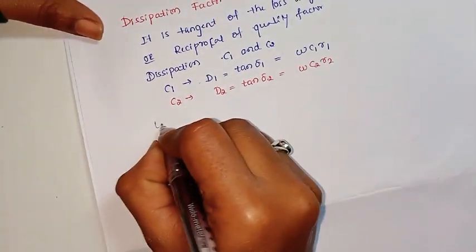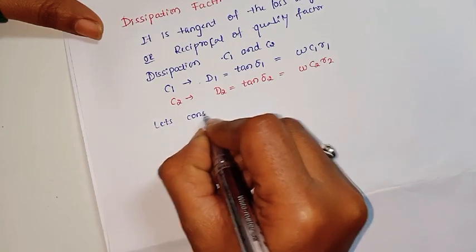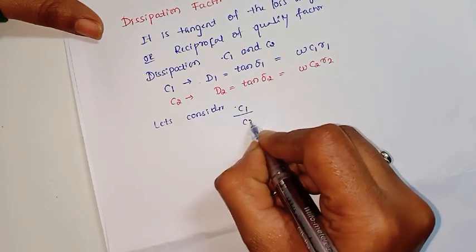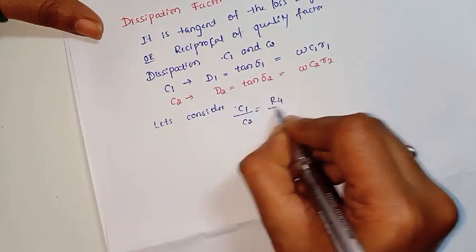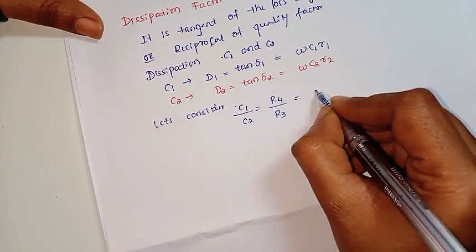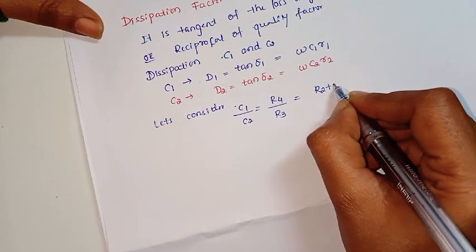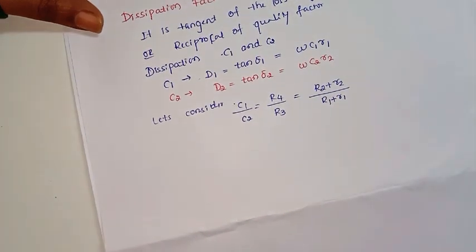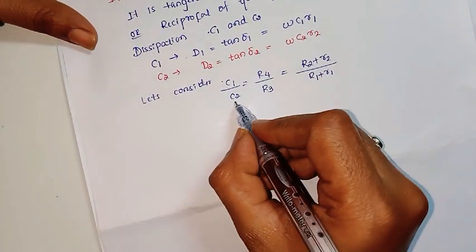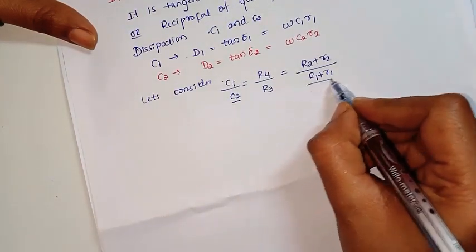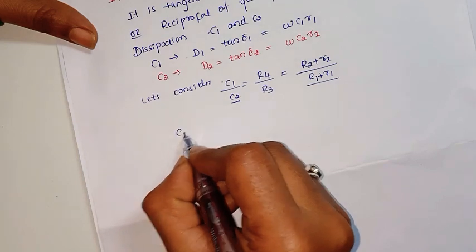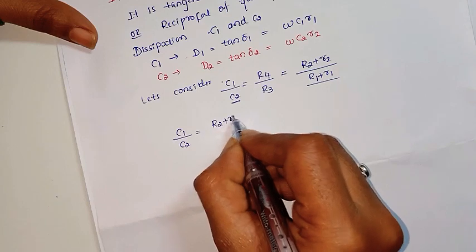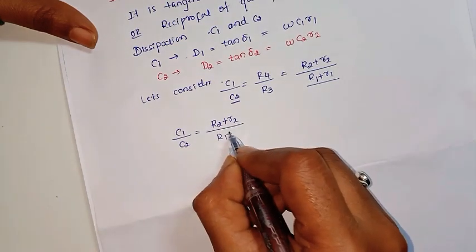Now let's consider C1 by C2, that equals R4 by R3, that equals R2 plus small r2 over R1 plus small r1.